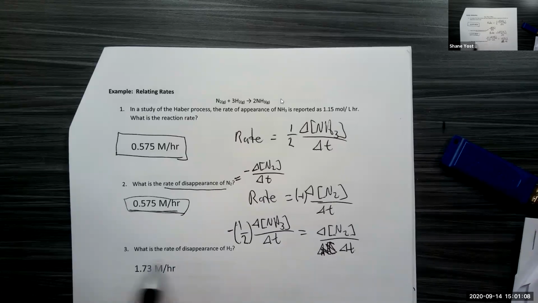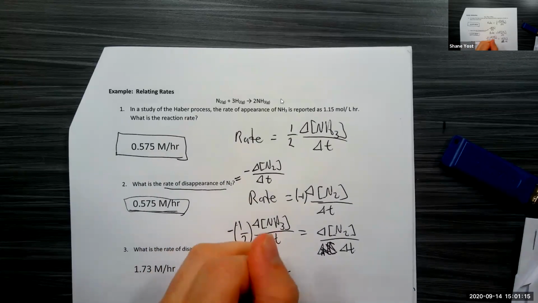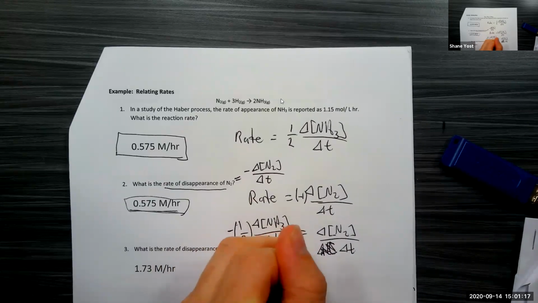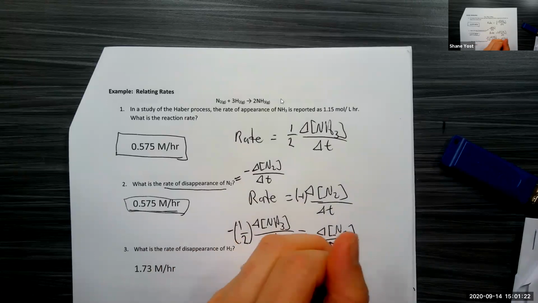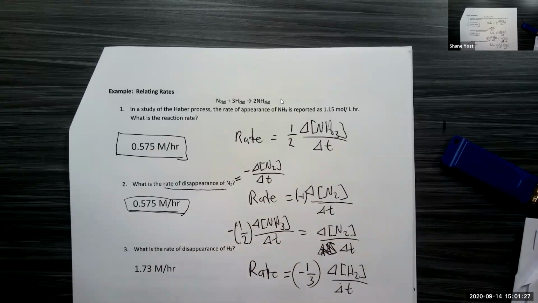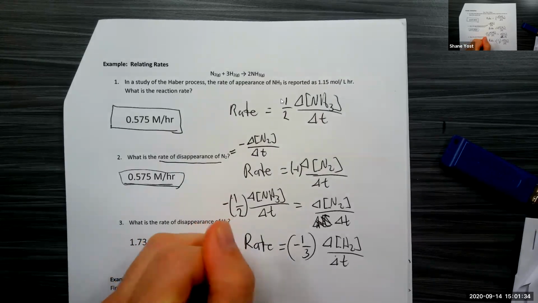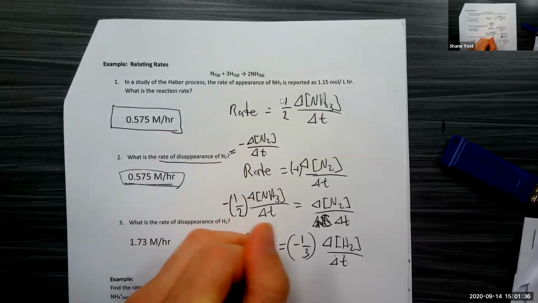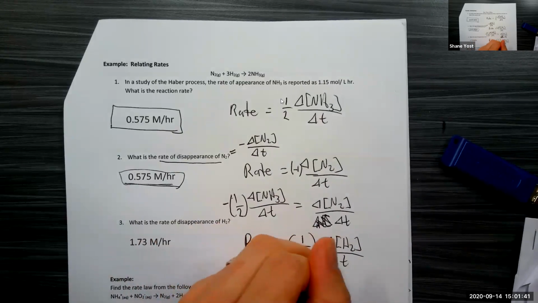And then finally, we can get the rate of disappearance of H2. I can relate that to the rate of the reaction. The rate of the reaction is going to be equal to minus 1/3 the rate of change of H2. If I multiply that on the other side, I get minus 3 times the rate equals the change in concentration of H2 over time.